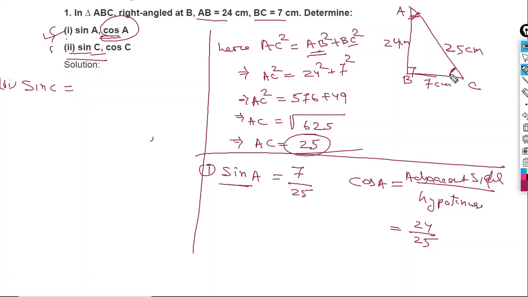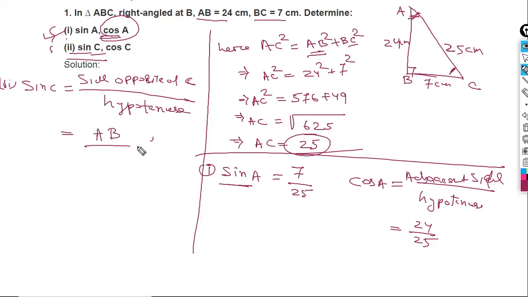Sin C means side opposite to angle C divided by hypotenuse, which will be equal to, the side opposite to angle C is AB, divided by hypotenuse AC, which is equal to length of AB, 24, divided by length of AC, 25.